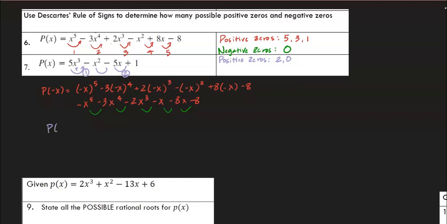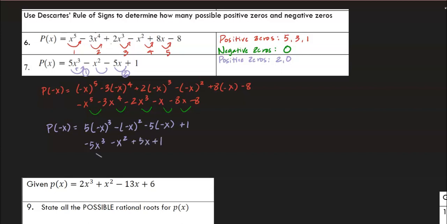Now let's do P of negative x. Ooh, that lavender color comes out nice. x cubed minus negative x squared minus 5 negative x plus 1. Negative 5x cubed minus x squared plus 5x plus 1.